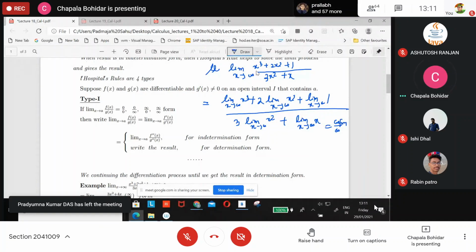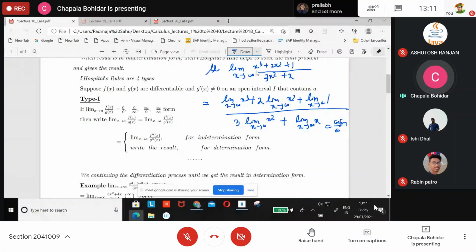So what will we do? We apply our L'Hospital rule. Differentiate both the numerator and denominator with respect to x. Then what do you get?